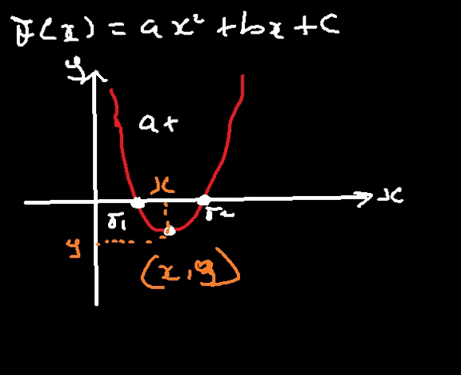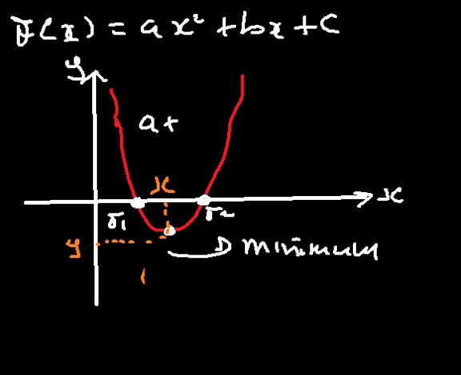Now, why is this said to be a minimum point? At the minimum point, y is at its minimum value. So the y value at the turning point is the minimum value.